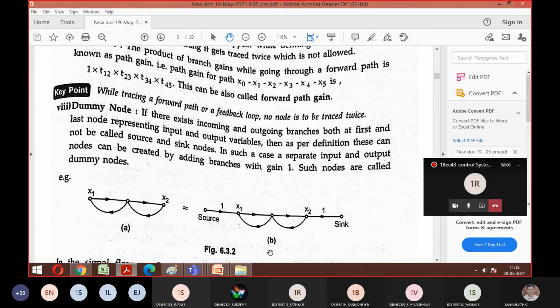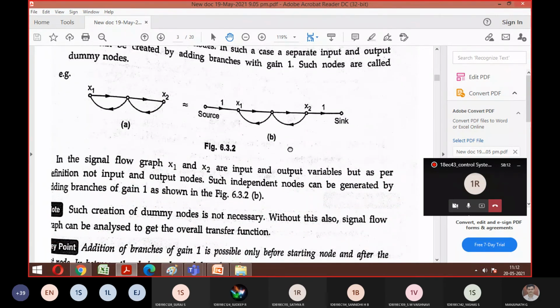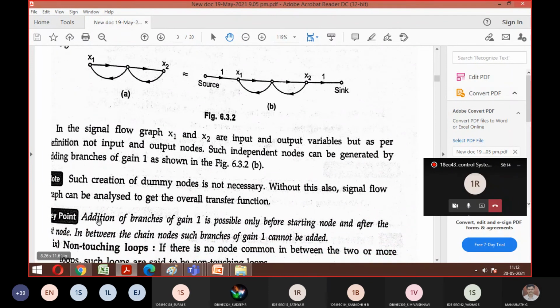One more hint, be very careful: addition of branches of gain 1 is possible only before the start and after the end of the nodes.